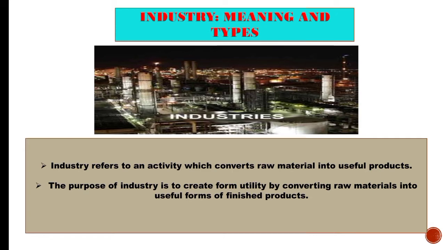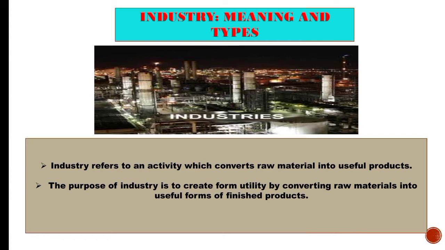The term industry also refers to a group of firms producing similar or related goods. For example, textile industry refers to all the production units related to cloth manufacturing. Cement industry refers to all the firms manufacturing cement. Clear? Now industry may also produce consumer goods or capital goods. Goods such as bread, butter, cloth, radios, etc. are consumer goods, as these goods are directly used by the consumer.